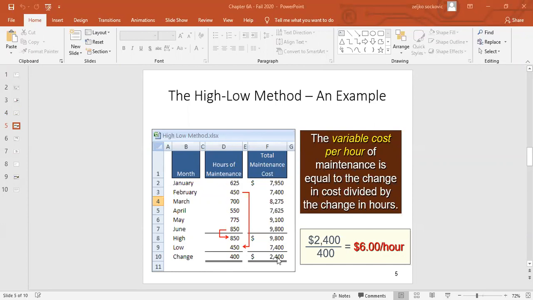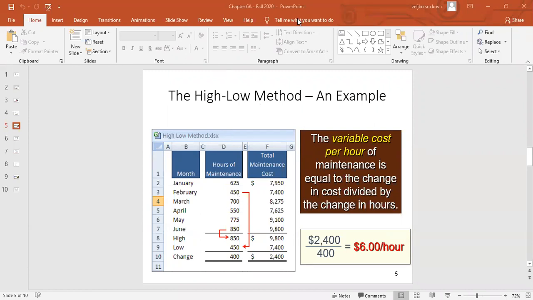We have hours and we have costs that correspond to those hours. This maintenance cost is a mixed cost. We don't know how much of it is variable and how much is fixed. It's total cost, so a portion of it is variable, a portion is fixed. We don't know how much until we do analysis. We cannot guess.